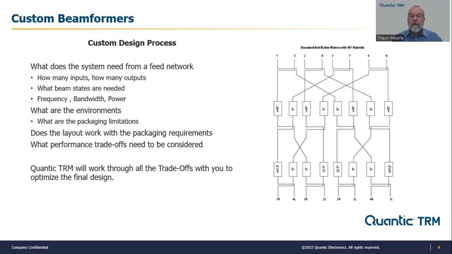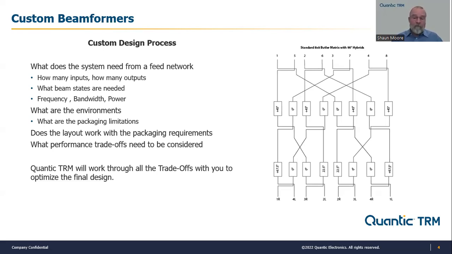Then we move into the environmental packaging. The physical form factor of the aperture itself will drive a lot of the geometry and the interconnections between that aperture and the beamformer itself.